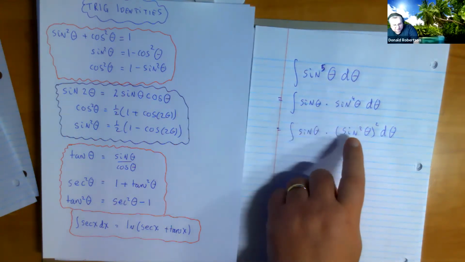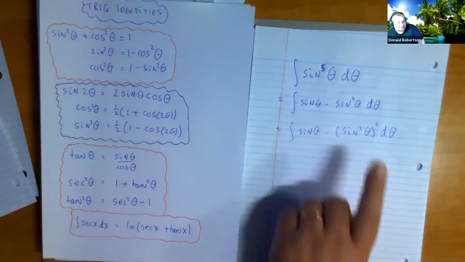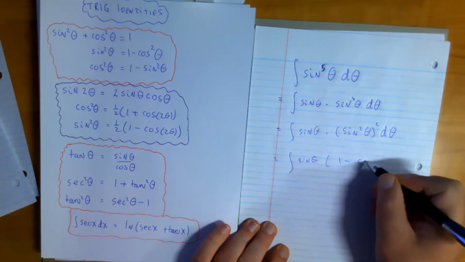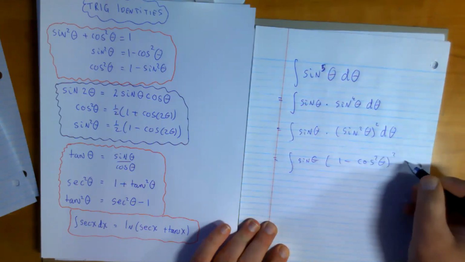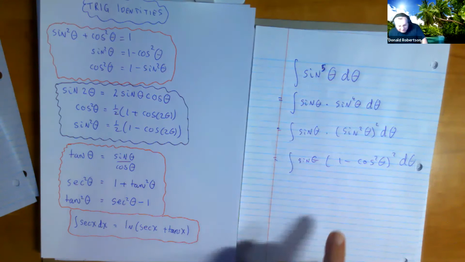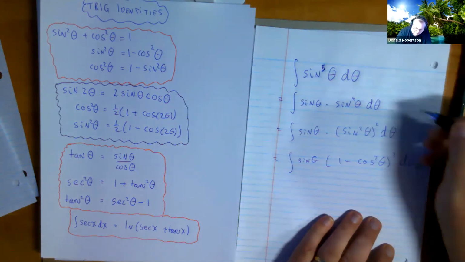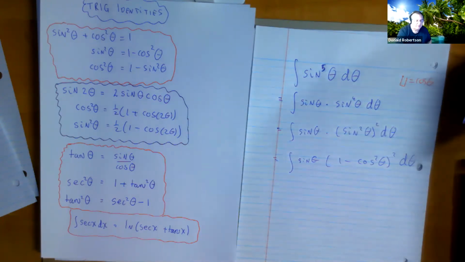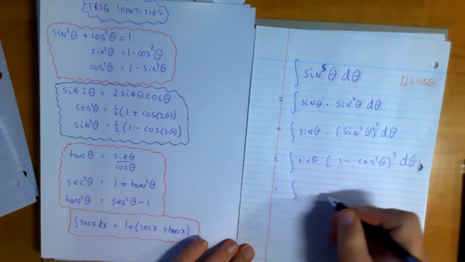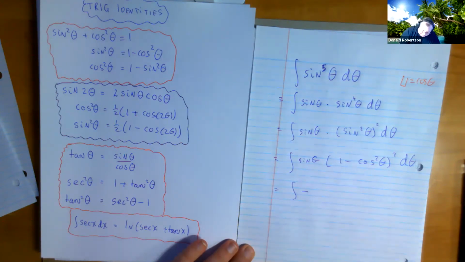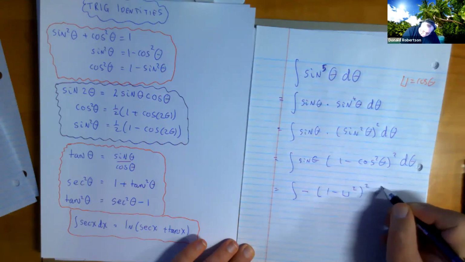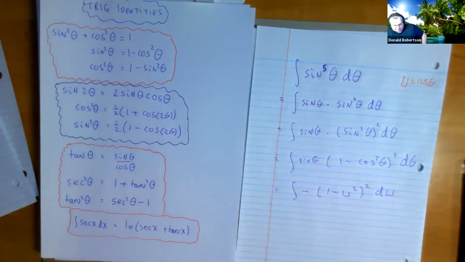So sine to the 4, sine squared squared. So that's 1 minus cosine theta squared. And then at this point, can't we do a u sub of cosine theta? Trust me, you end up with an awkward negative, which you just have to live with. And it's going to be 1 minus u squared squared du. Where would I go next with this fella?